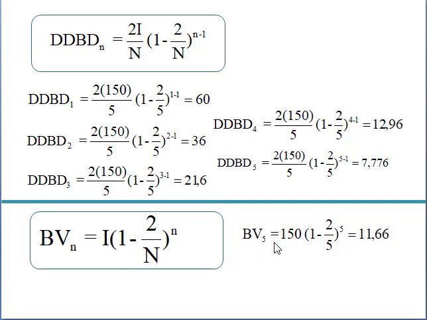The big I represents the investment. 1 in here is a constant number, minus 2. The 2 in here is a constant number because we use double declining. Double means a 200% rate of declining. And power 5 represents the certain period we want to estimate. And then we got 11.66.